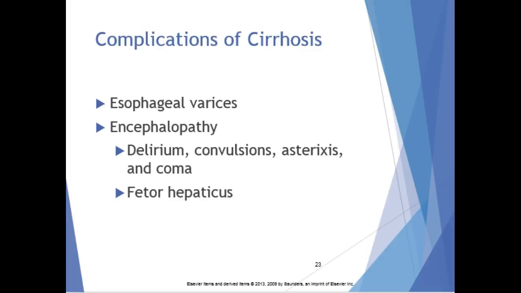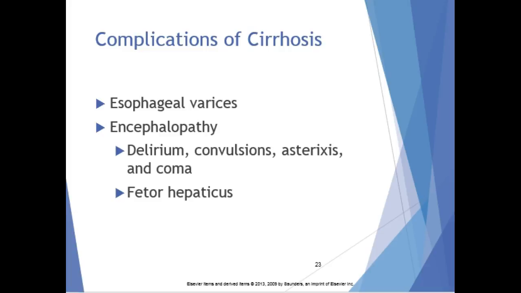Complications of cirrhosis, again, the esophageal varices, kind of like varicose veins of the esophagus. They are formed because of portal hypertension. They can cause major problems because they can actually rupture and bleed, and it could be a life-threatening condition where they're bleeding from their esophagus.